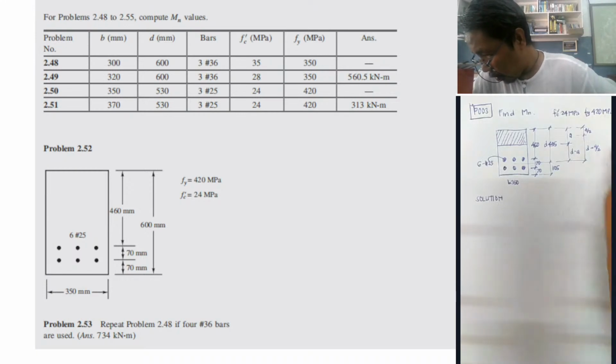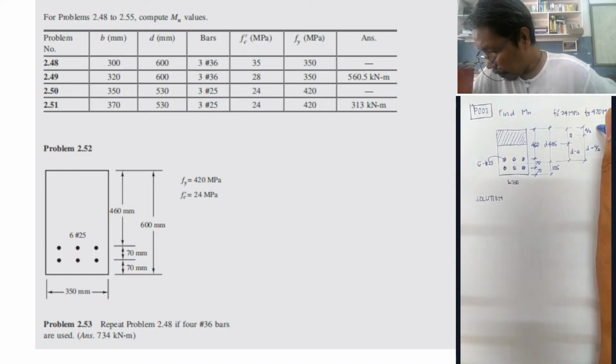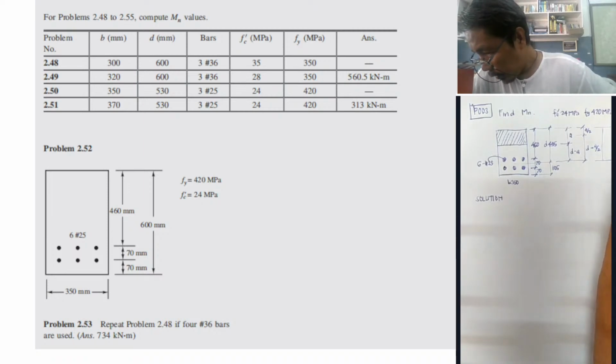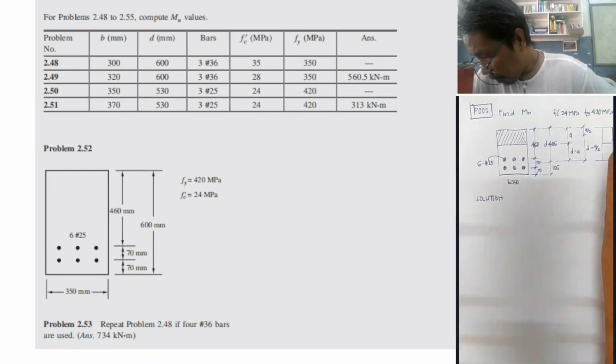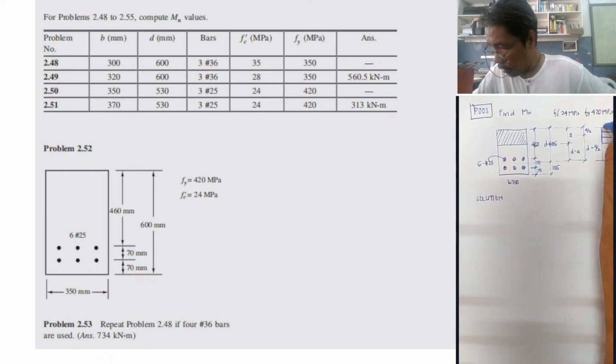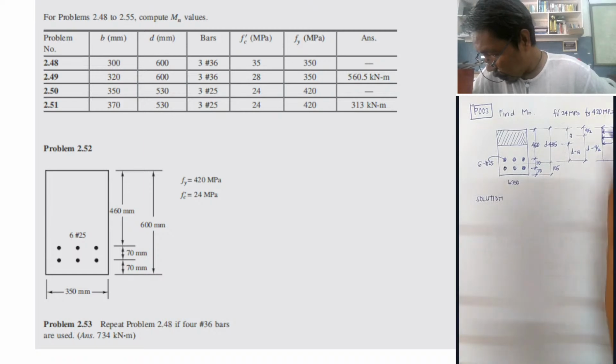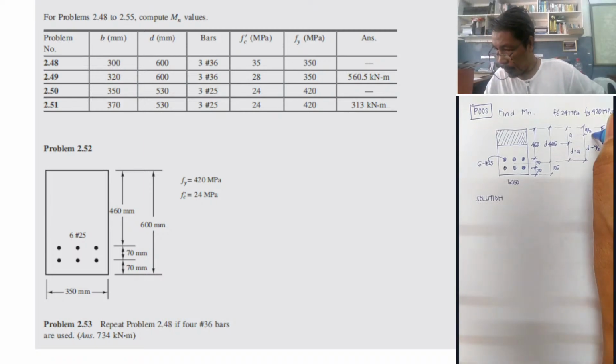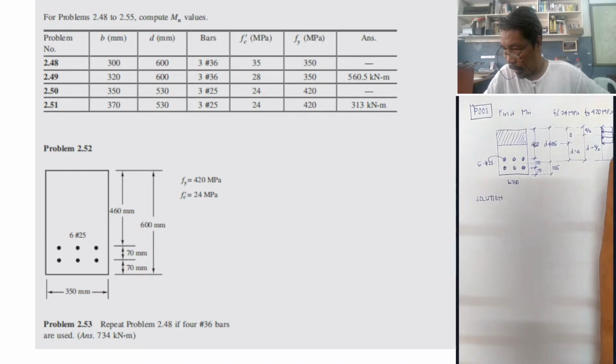And now we can actually draw the couple. We have tensile force and compressive force, that is our couple. This is our center that represents C. That is our model.